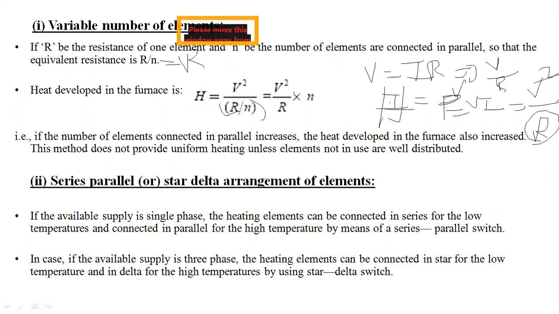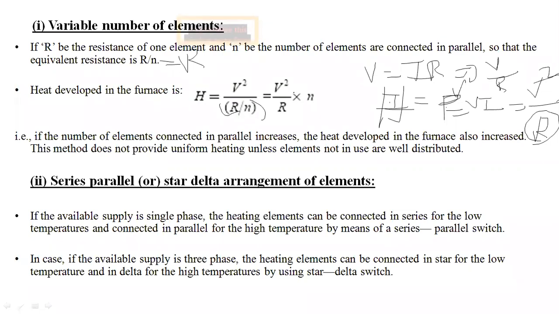Here also, we are not going to provide any DC supply, we are going to use only the AC supply. There is also one difference: if we supply single phase AC supply, then what is going to happen?